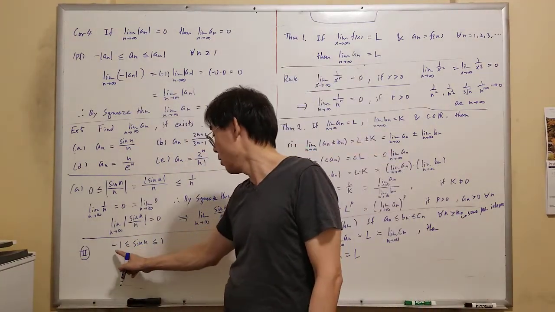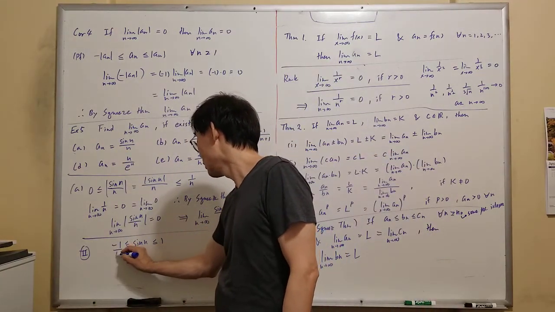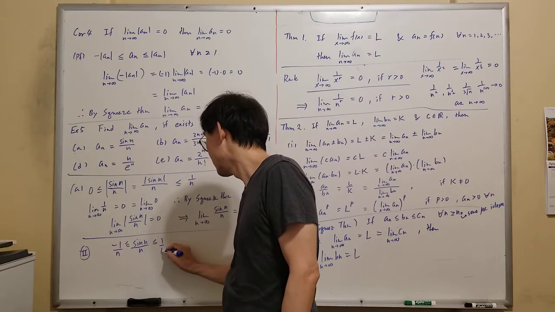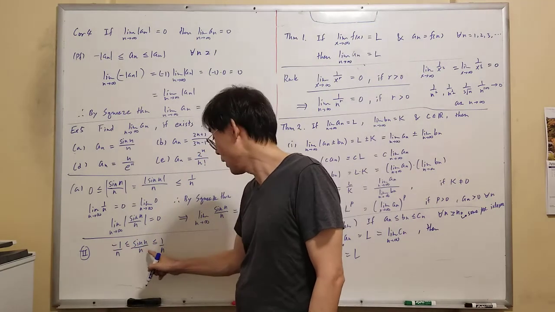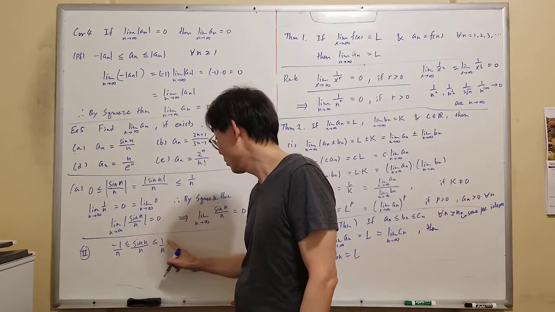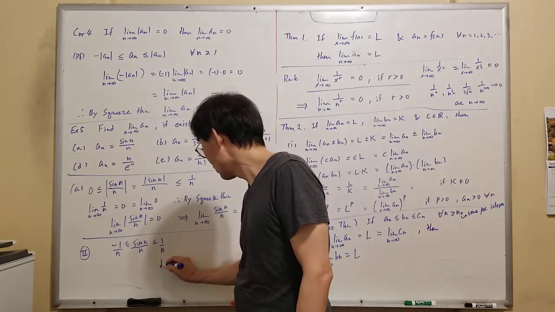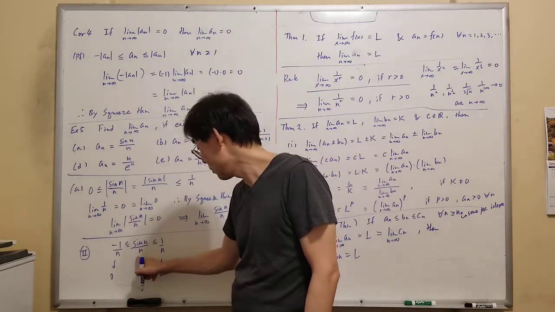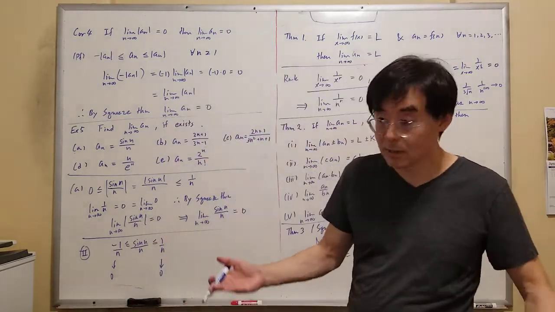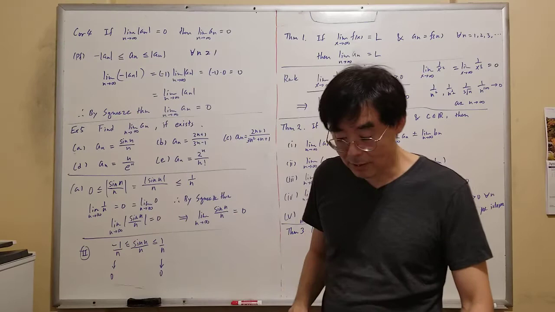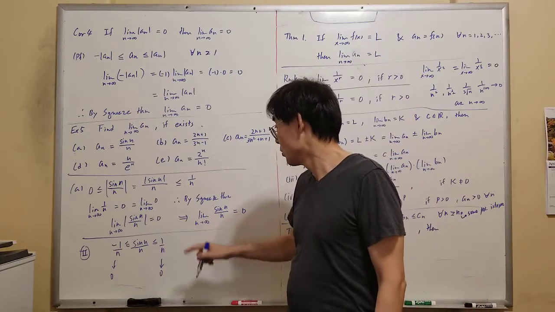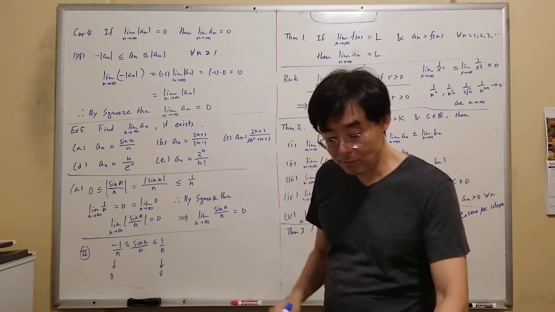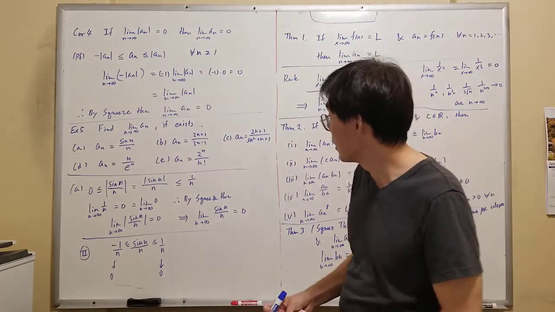Divide all sides by n, then what do you get? Sine of n over n is between -1 over n and 1 over n. This one approaches 0, this one also approaches 0, therefore by squeeze theorem, the middle sequence will approach 0. Again, squeeze theorem, alright? This one was also squeeze theorem. So squeeze theorem was crucial here.